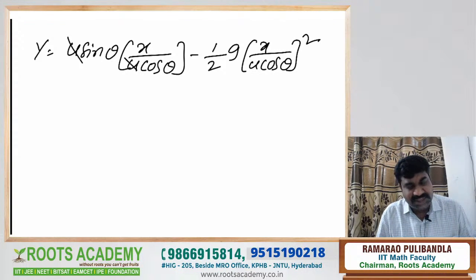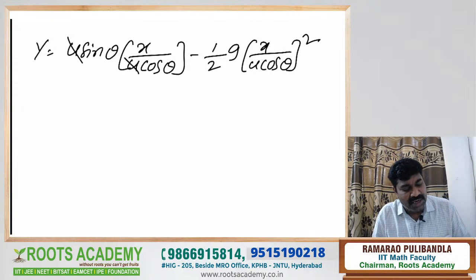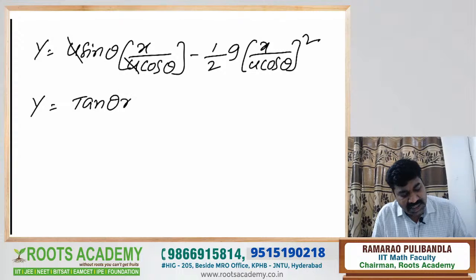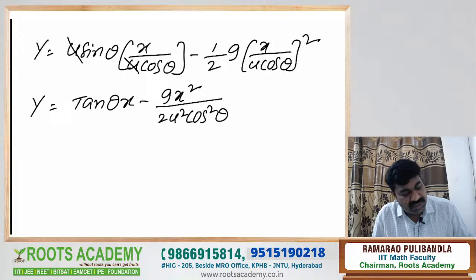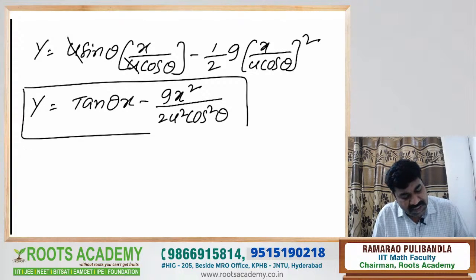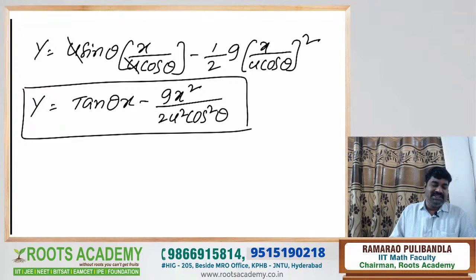Here u and u cancel, sin theta by cos theta is tan theta. y is equal to tan theta x minus gx square by 2u square cos square theta.